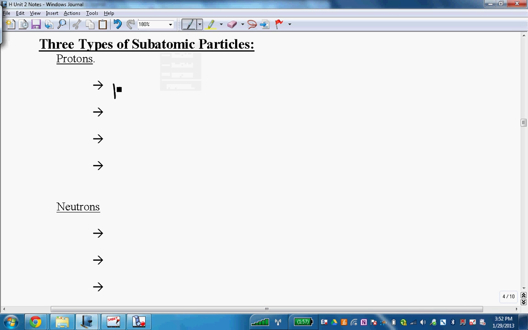Protons, neutrons, and electrons. Okay, protons, if you haven't figured it out, their symbol is a P with a little positive sign above it. Their charge is a positive 1 charge. Their mass is something really tiny. It's 1.67 times 10 to the negative 26 kilograms.